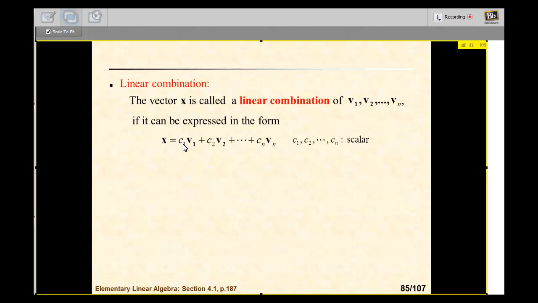Whenever I write a vector in this form, c1 v1 plus c2 v2 plus cn vn, it is called a linear combination. After a few slides, I will show you how we can represent linearly dependent and linearly independent vectors with the help of linear combination.